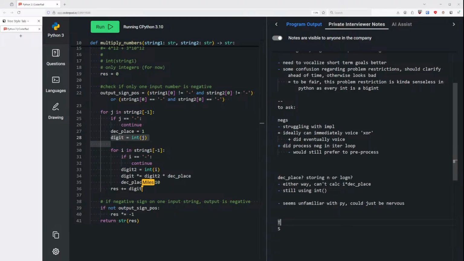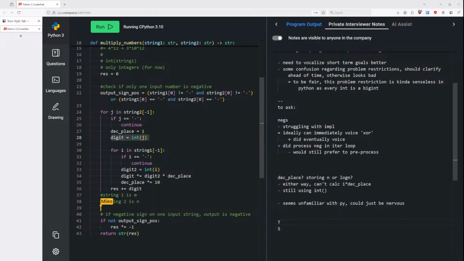So let's say string 1 is m, string 2 is n. So this would be O(n times m), because for each element of n, we do this m times, and these are all O(1).